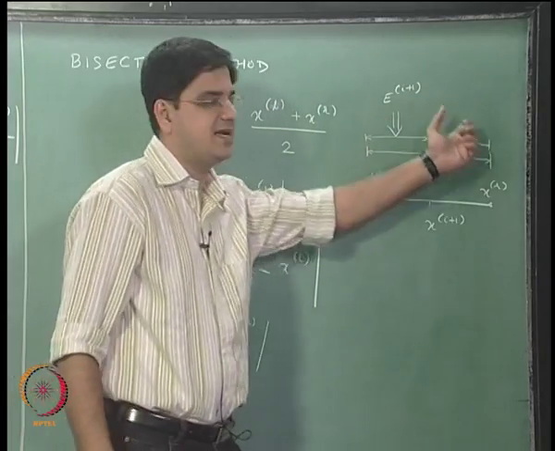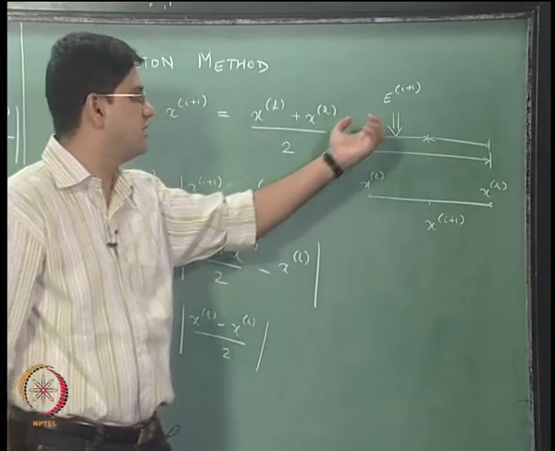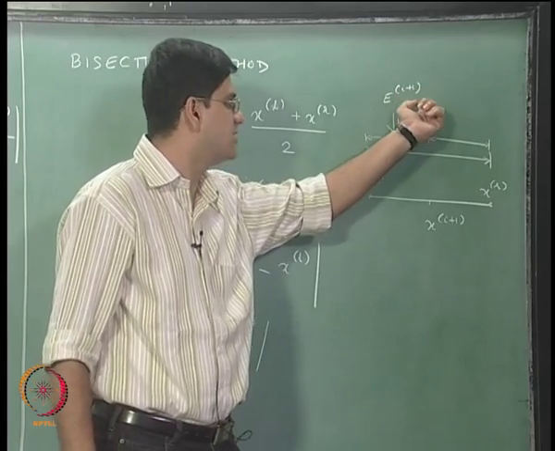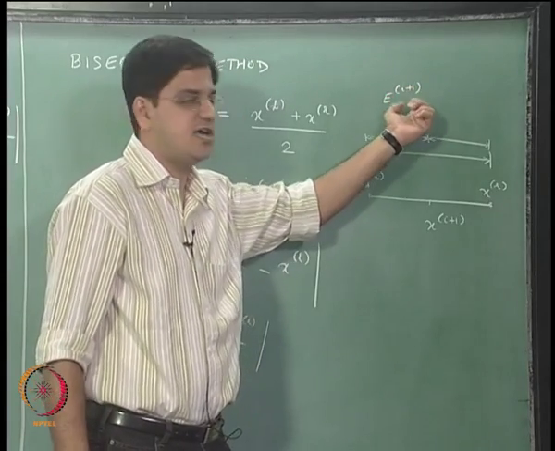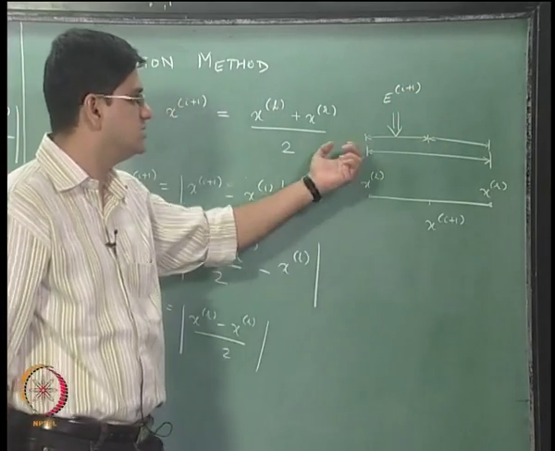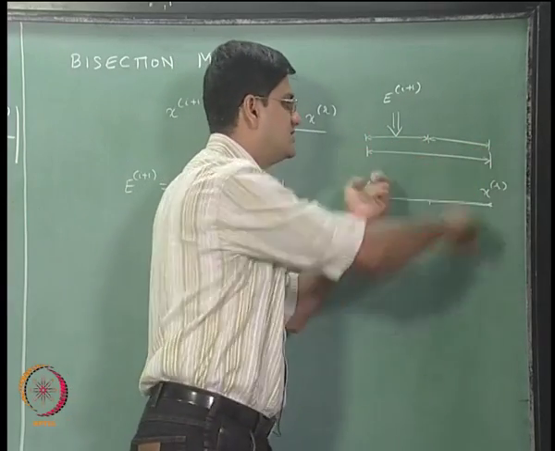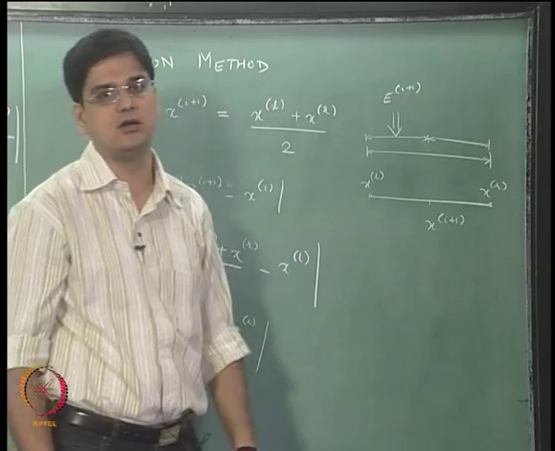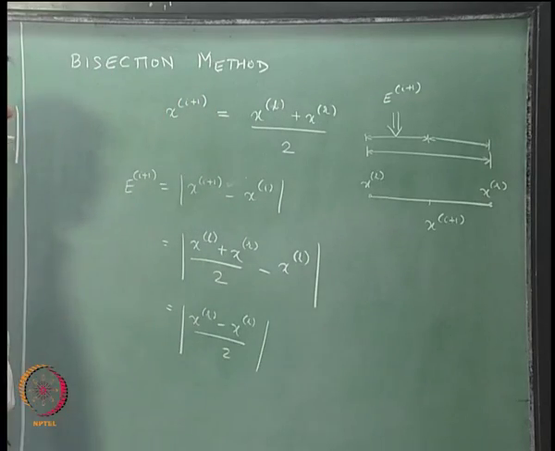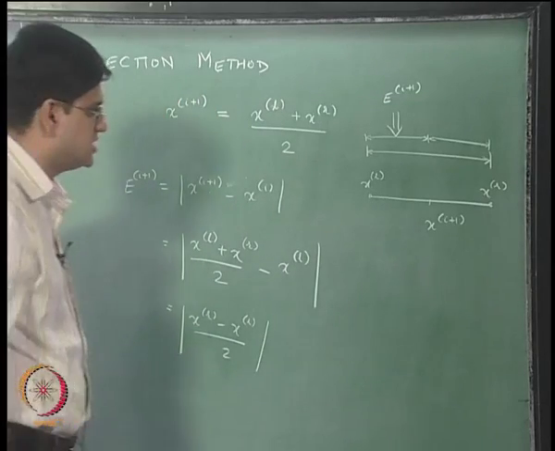To summarize, at any given iteration count i, the next error e_{i+1} is just half the length of the current segment from xl to xr.